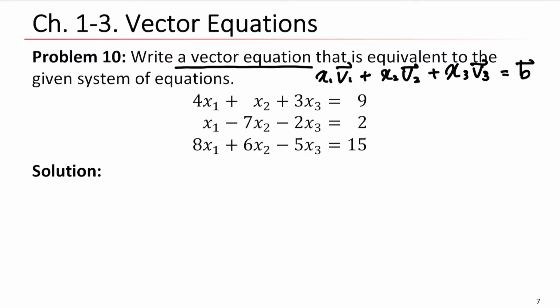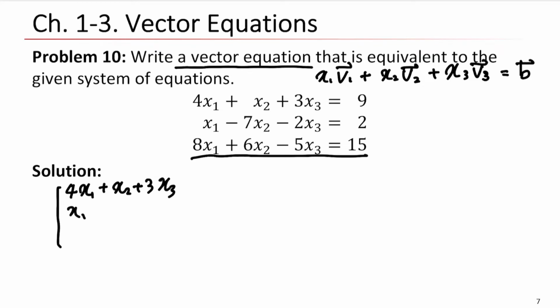Okay. First of all, let's make this equation in a matrix form, like 4x3. 4x1, x2, 3x3, x1, that was x2, x3, like x1, 6x2 minus 5x3, right?